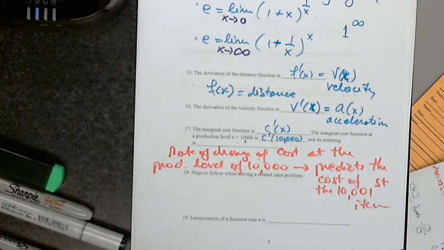Number 2, draw a diagram, something like a graph, a right triangle maybe, or similar triangles, or a volume of a cone or sphere, something.